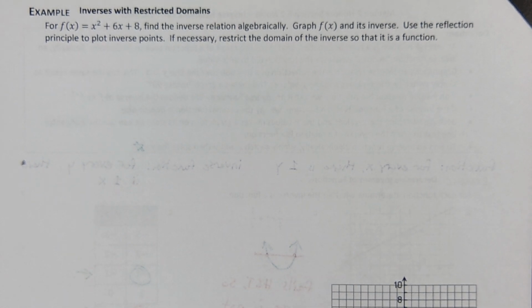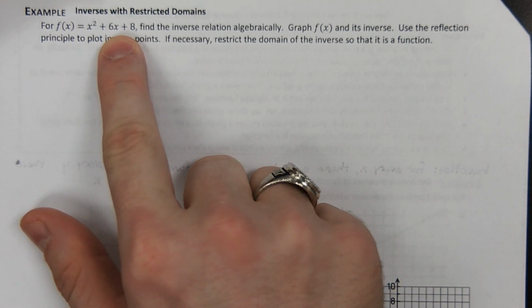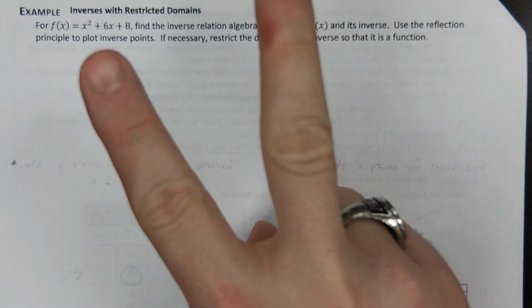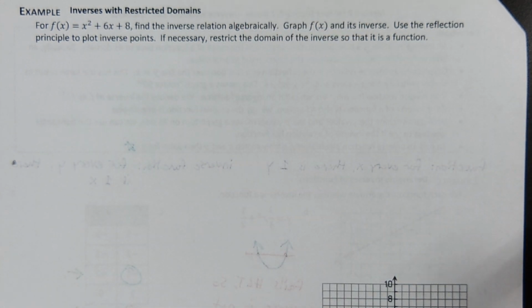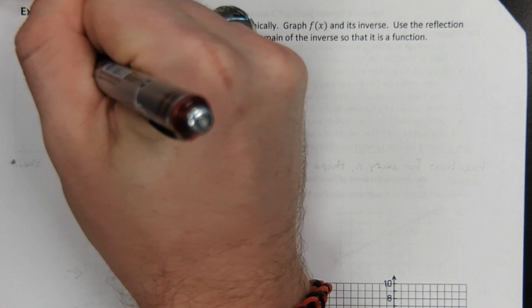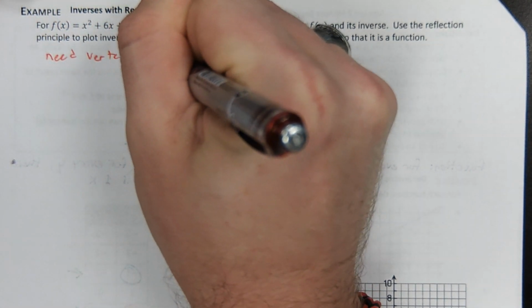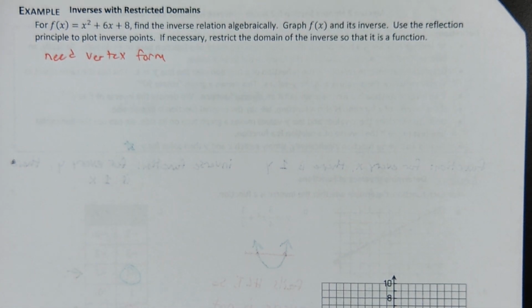You don't want to find the inverse of any polynomial unless it's written in what we would call a vertex form. We're never going to try to use standard form. It doesn't work. It's not pretty. So we actually need vertex form. We need vertex form if we're going to find the inverse relation.